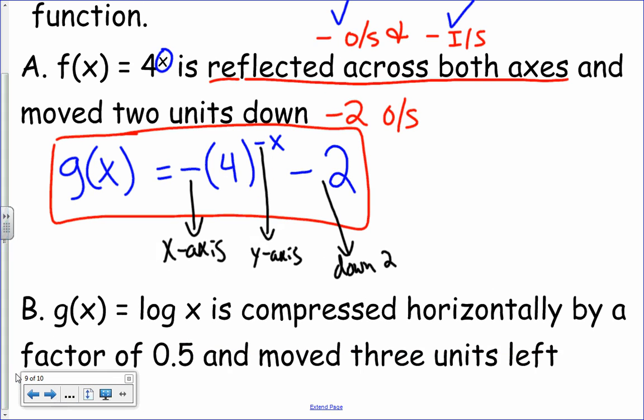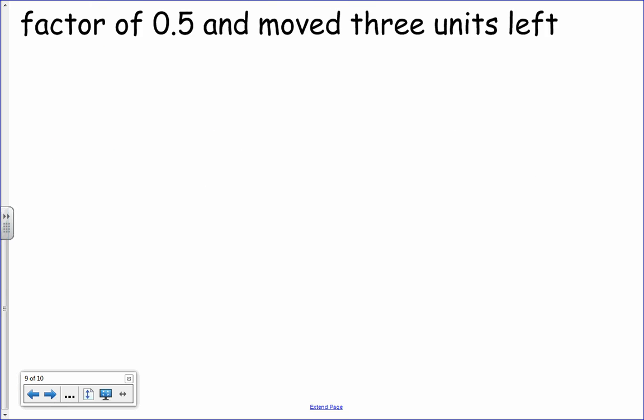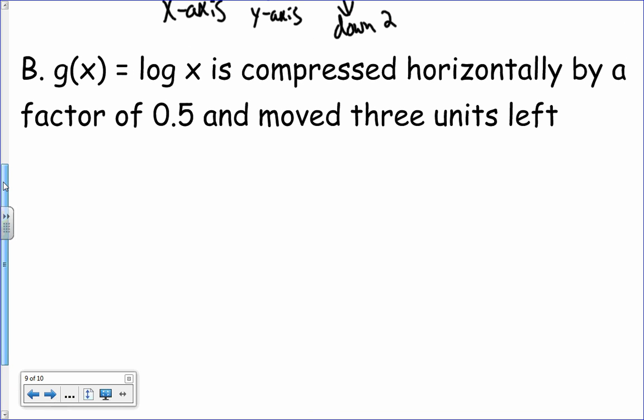If I go to B here, it says, let's see, this one is a log. B says log x is compressed horizontally by a factor of 0.5. I'm going to write this as a fraction. 0.5 is 1/2. And that's important because when you compress, that's multiplication.